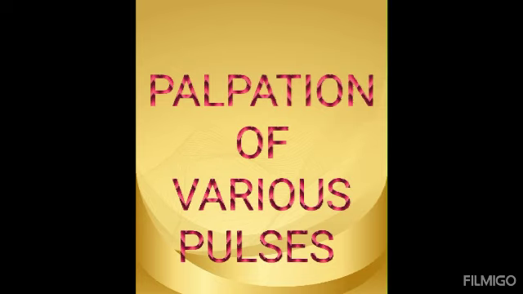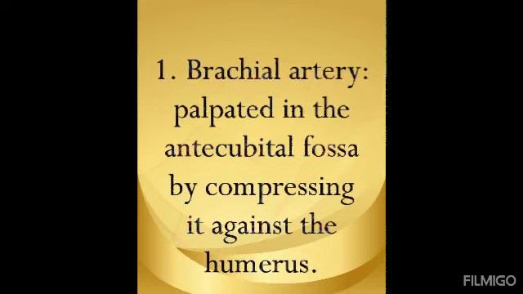Next, moving on to palpation of various pulses. Normally we use the radial pulse to measure the heart rate or pulse rate, and other sites for pulses are, first one, the brachial artery. It is palpated in the antecubital fossa by compressing it against the humerus.